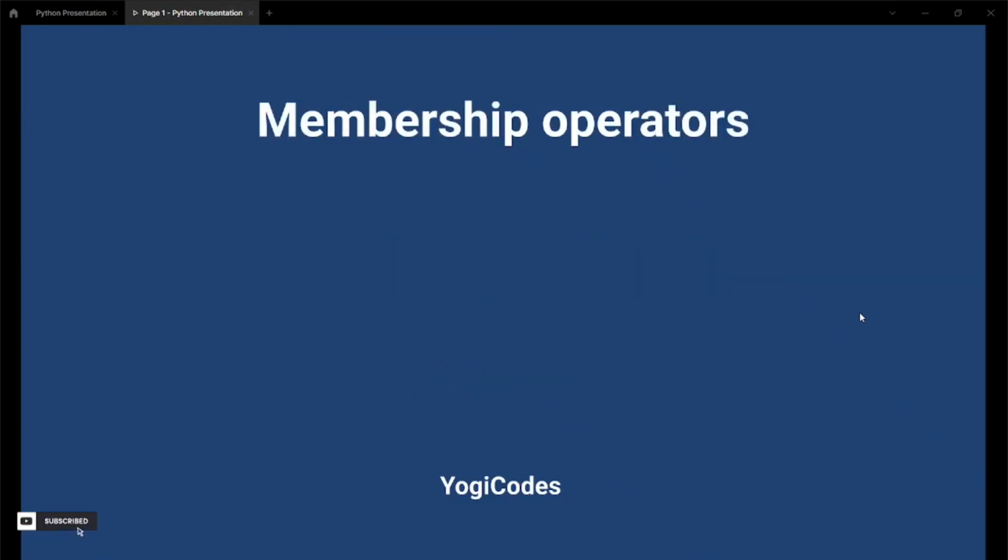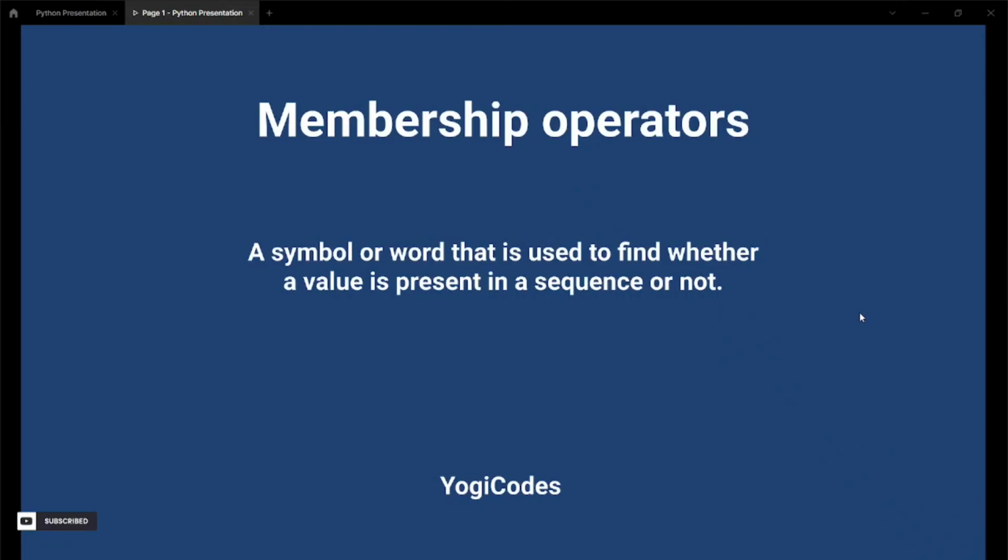The next one is the membership operator. The membership operator is used to find whether a value is present in a sequence or not. Even when we are searching for a string on a Wikipedia page, for example, using Control F and searching any word, we use this concept to find a string in a sequence of strings.